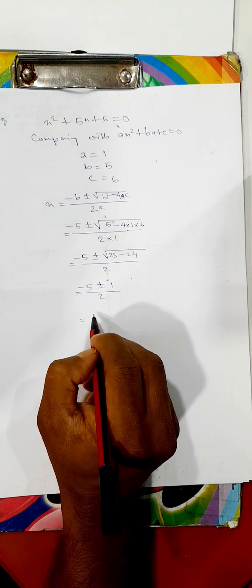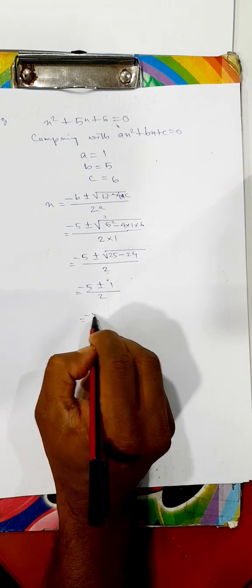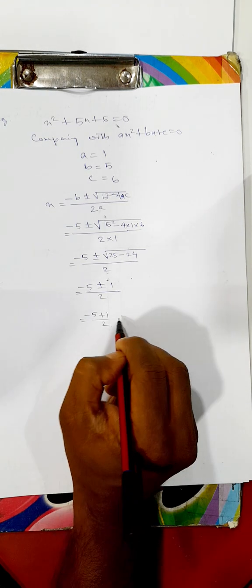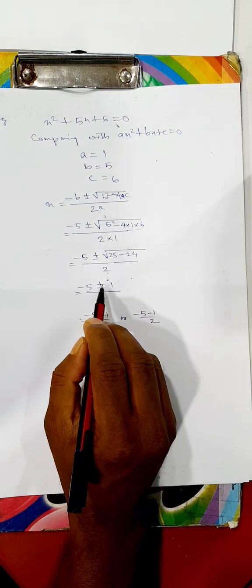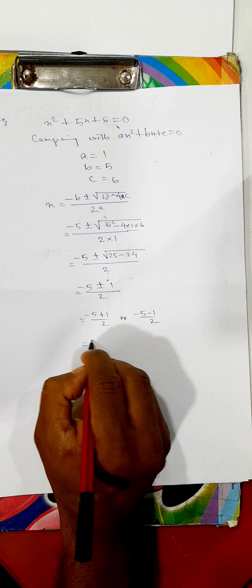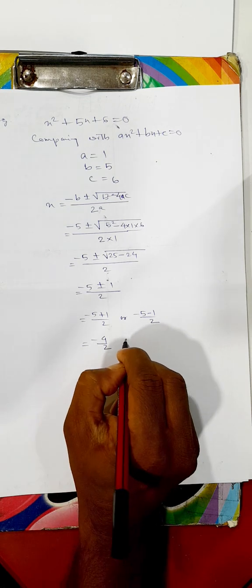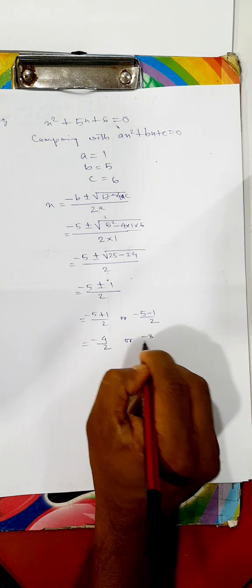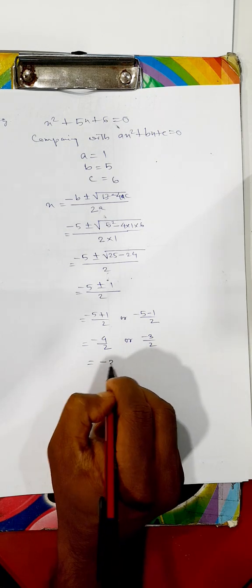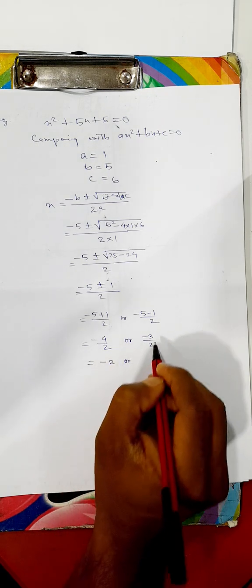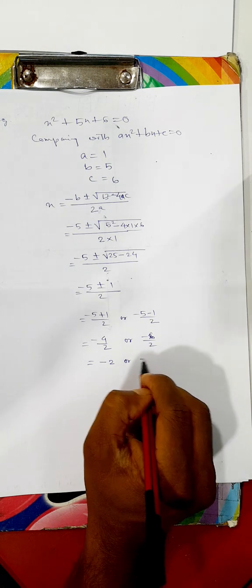So you get two answers here, minus 5 plus 1 divided by 2 or minus 5 minus 1 divided by 2. So this becomes minus 4 by 2 or minus 6 by 2. That means this becomes minus 2 or minus 3.